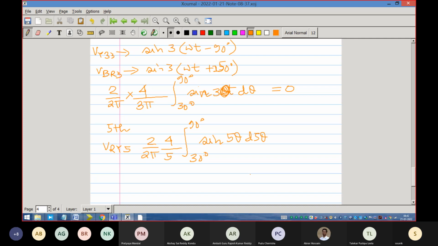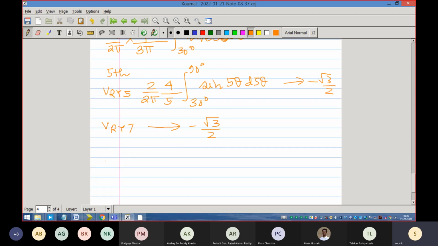So this value is again becoming equal to minus root 3 by 2. Okay. Seventh harmonic component, similarly VRY7, this also if we integrate, we will get a number minus root 3 by 2. So what we are seeing is that the waveform that we are getting is VRY5.